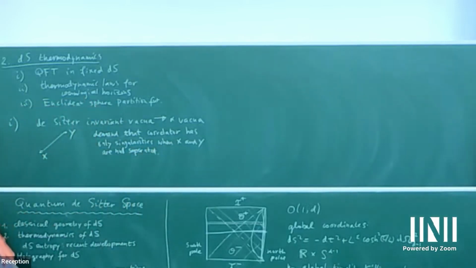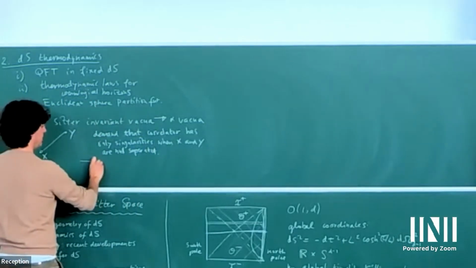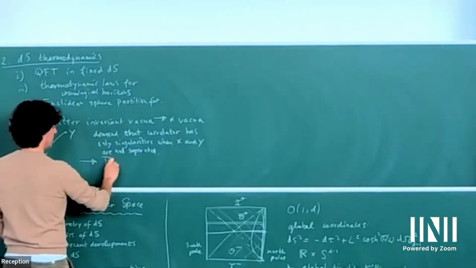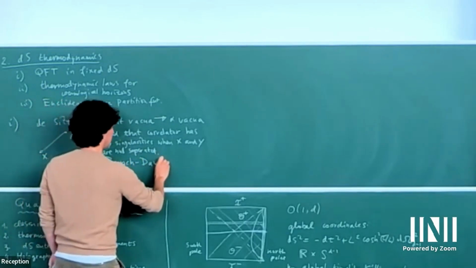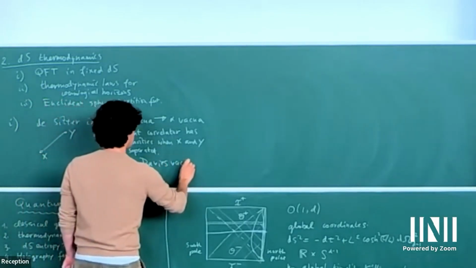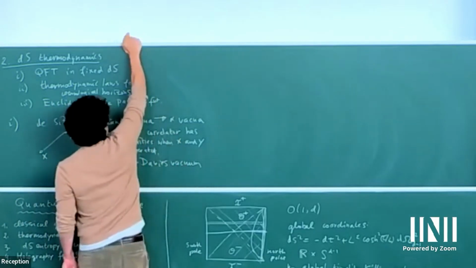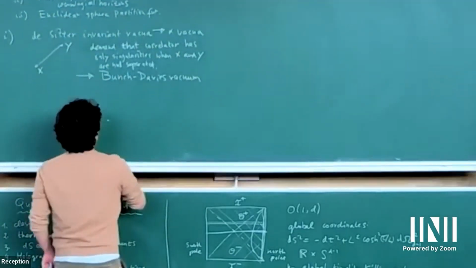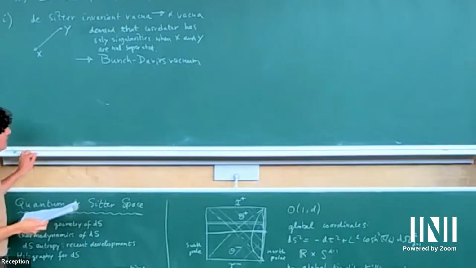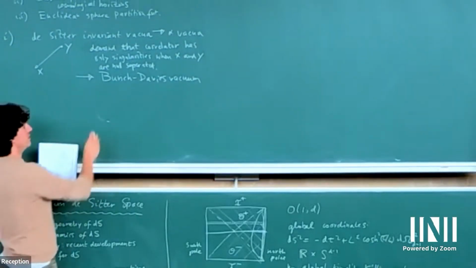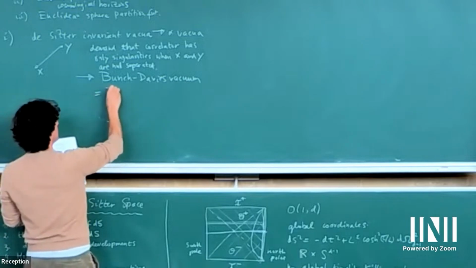Okay, so if we demand this, then the vacuum state is the so-called Bunch-Davies vacuum. This is equivalent to the Euclidean.